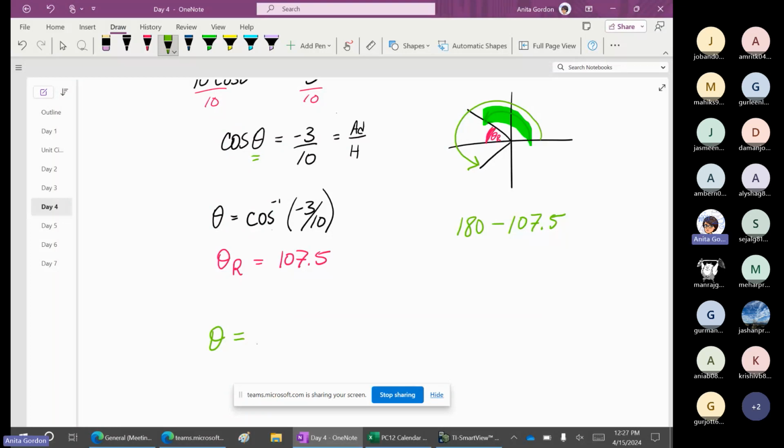I did something wrong. Hold on. What are you getting for your first angle? 72? 72 degrees is not in the second quadrant though. Hold on, let me just double check.